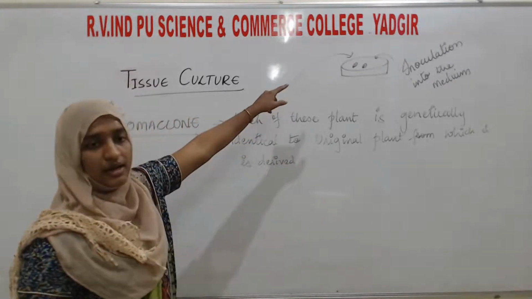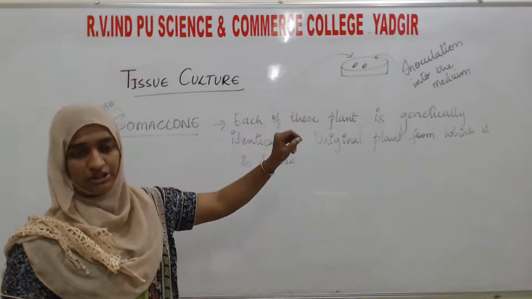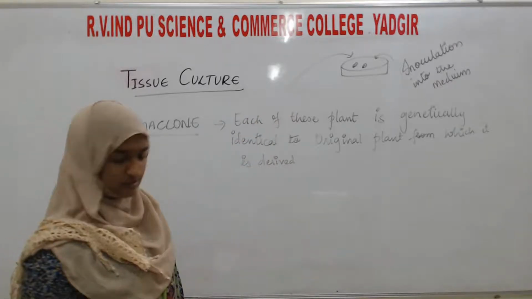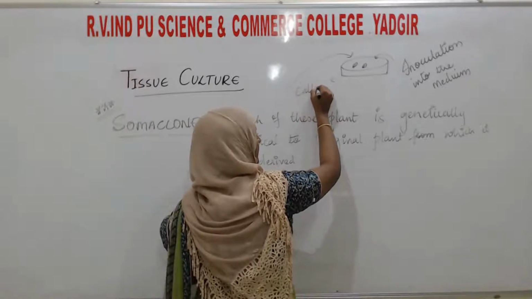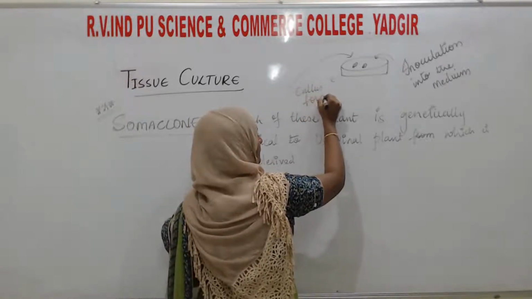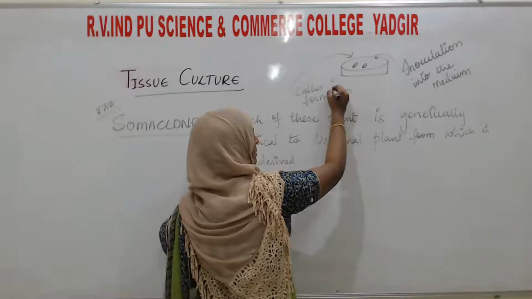See, there I showed you the inoculation. After inoculation, a callus forms. Callus means a mass of cells forming in the Petri plate.